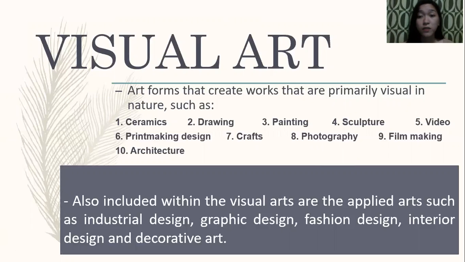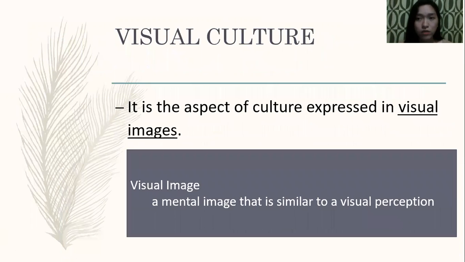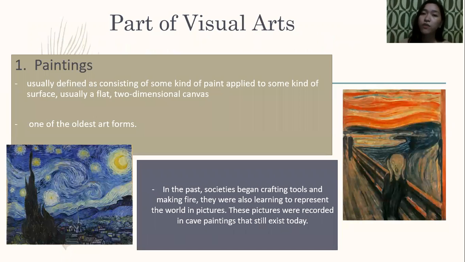It doesn't limit it there because it also applies to arts such as industrial designs, graphic designs, fashion designs, interior designs, and decorative art. So, visual culture is the aspect of culture expressed in images. Visual image is a mental image that is similar to visual perception. So these are the parts of visual arts.